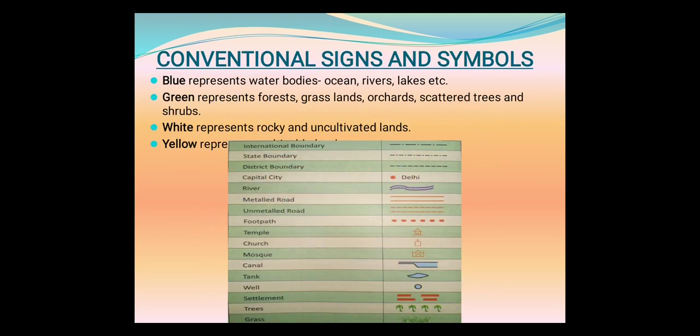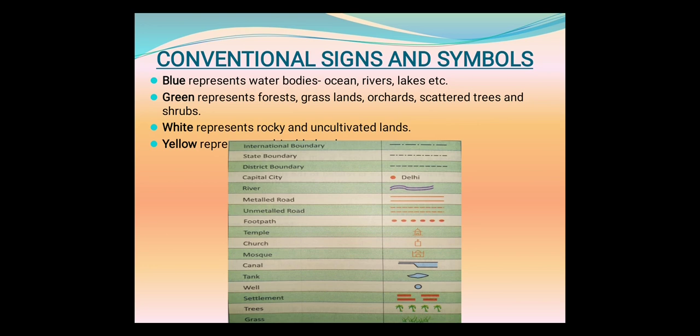The next element is conventional signs and symbols. This shows various geographical features such as mountains, rivers, lakes, bridges, dams, etc. with different colors. The different colors that depict natural as well as man-made features are given.